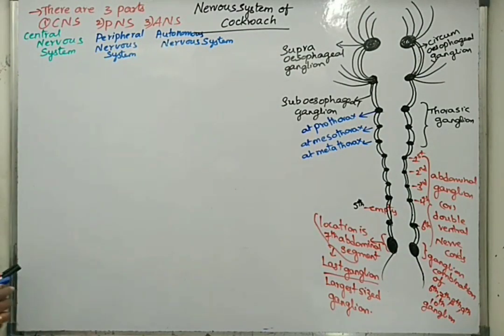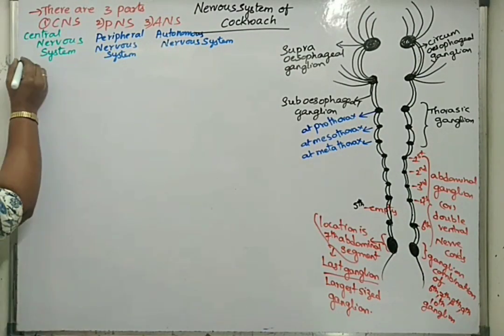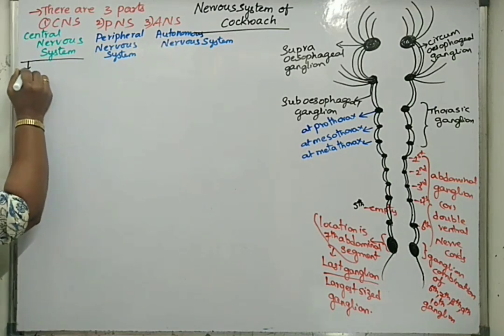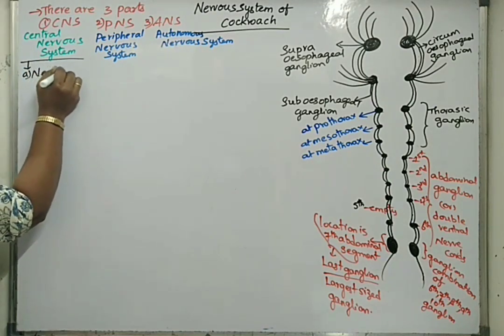First we will start with central nervous system. This central nervous system again has two to three important parts. Those are, one is nerve ring.